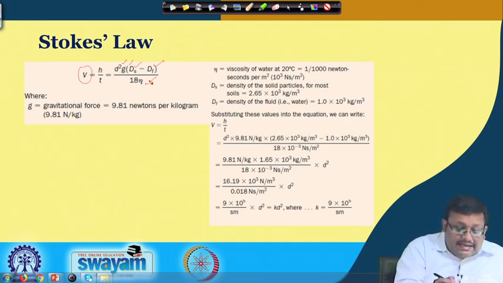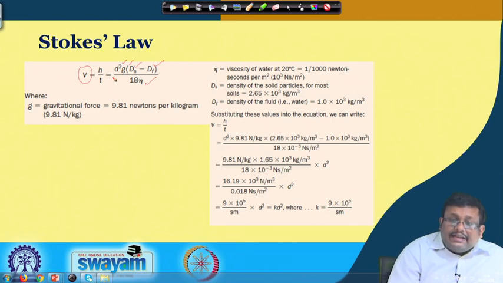Here d is the effective diameter of the particle, and g is the gravitational force, which is 9.81 Newton per kilogram. Eta is the viscosity of water, which is measured in terms of 1000 Newton seconds per square meter, and ds is the density of solid particles, for most soils 2.65 megagram per cubic meter, and the density of fluid is 1 megagram per cubic meter.